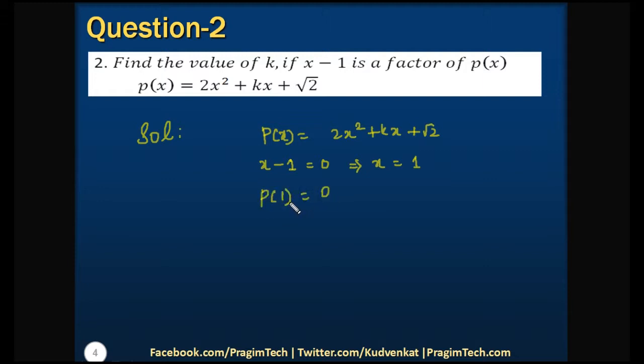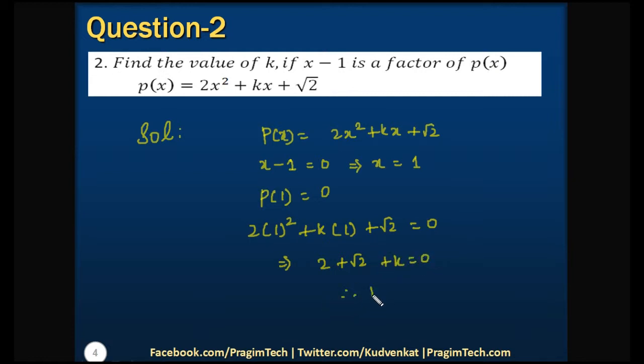So let us substitute in p of x, in place of x, 1. So it will be 2 into 1 square plus k into 1 plus root 2 is equal to 0, which implies 2 plus root 2 plus k is equal to 0.